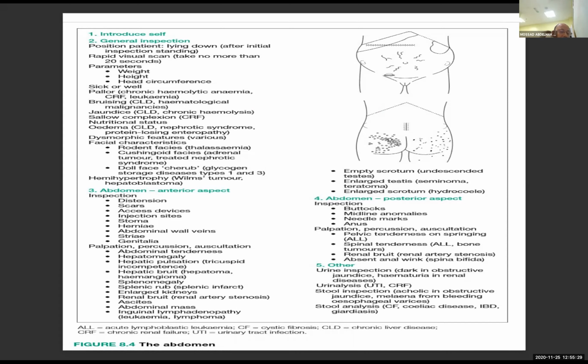So you must be able to think about the cause of that, okay? Henoch-Schonlein purpura usually is the most common cause.